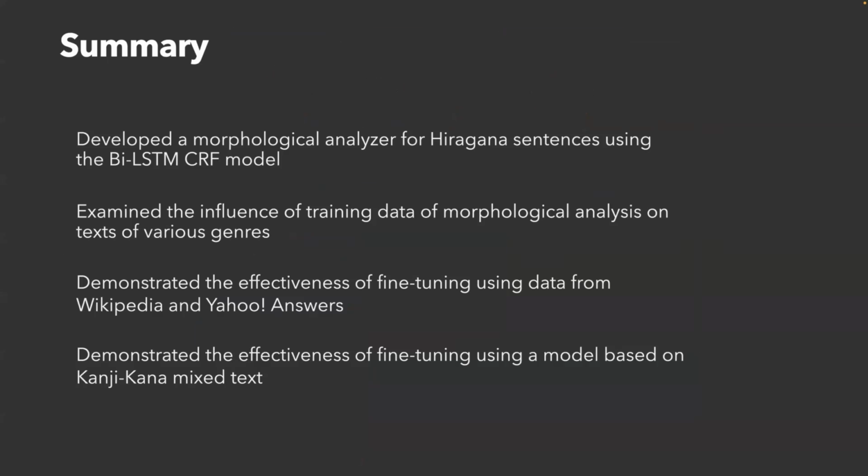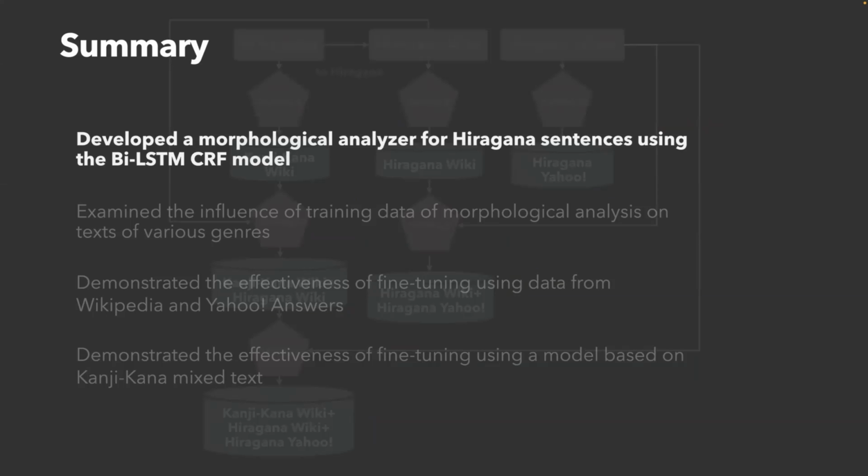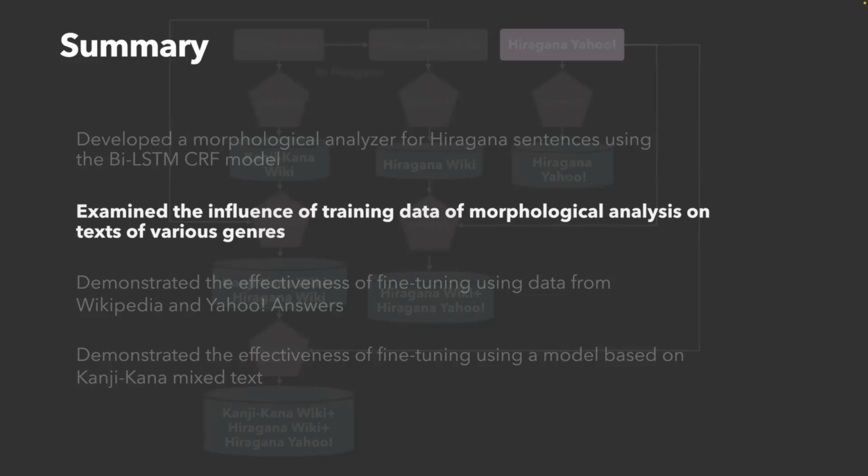Summary. This is the summary. In this experiment, we created a morphological analysis model for Japanese Hiragana sentences using the Bi-LSTM CRF model. In this study, we examined the impact of training cases of morphological analysis on texts of various genres.